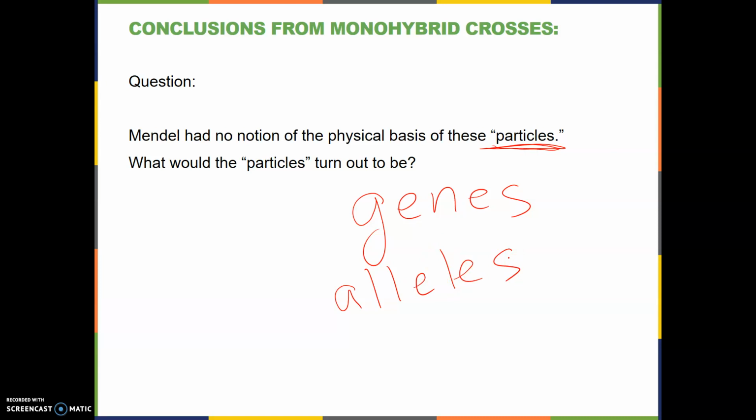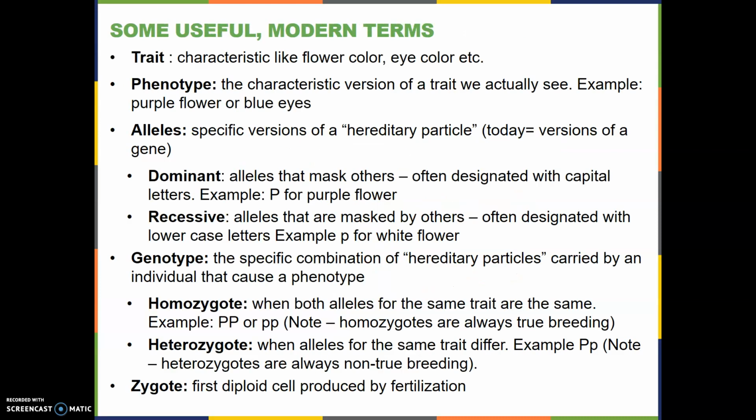So we would say the white allele or the violet allele. Or for seed color, we would say the green allele or the yellow allele. Alleles are just versions of genes. A gene carries the information for a particular trait. So the gene for flower color has a violet allele and a white allele. So that's how you would use that terminology.